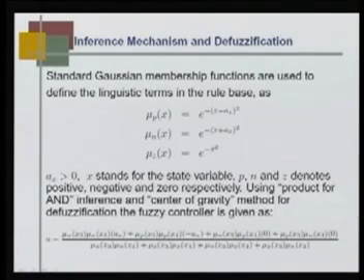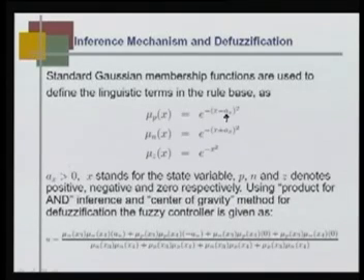So, standard Gaussian membership functions are used to define the linguistic terms in the rule base: mu positive of x is e to the power minus (x minus a x) whole square. This is the parameter that we have to identify. Similarly, mu negative of the variable x is e to the power minus (x plus a x) whole square, and mu zero of x is e to the power minus x square.